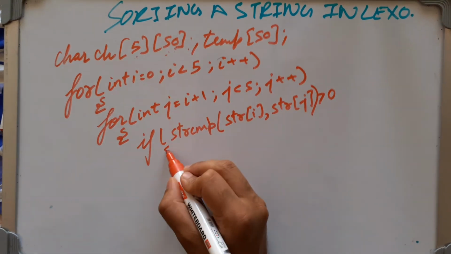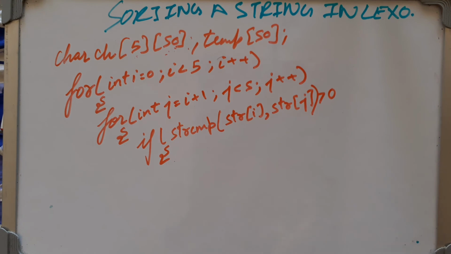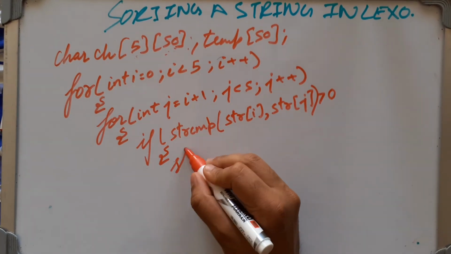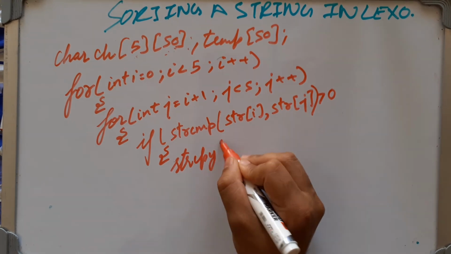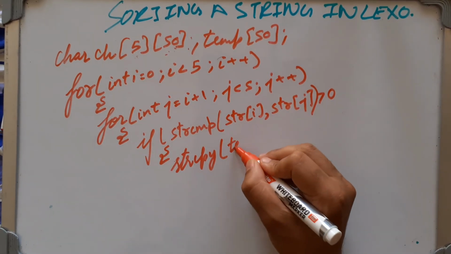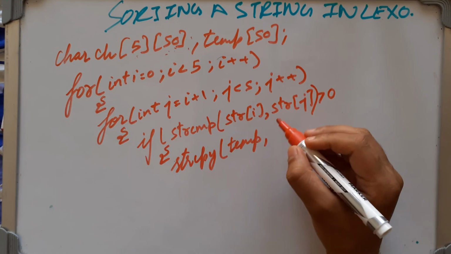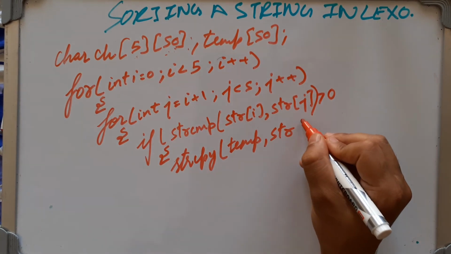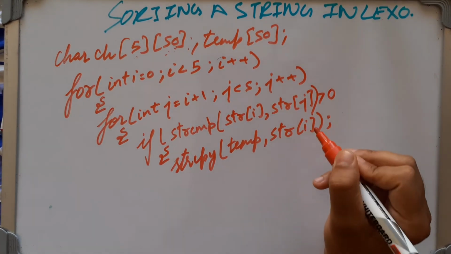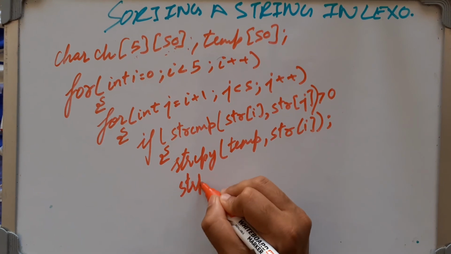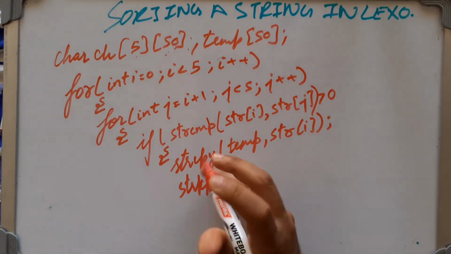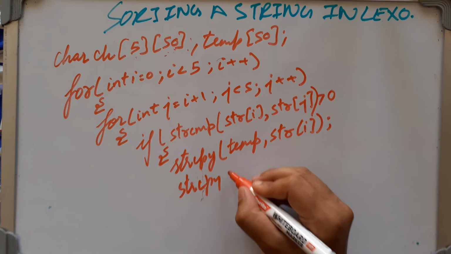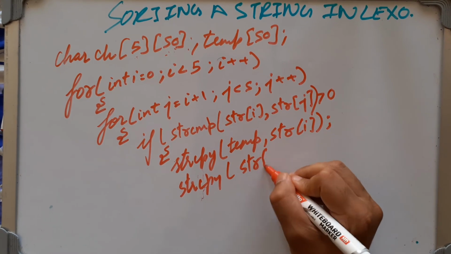If it is greater than 0, like str of I is greater than str of j, so what you have to do is copy the string; strcpy is used to copy. First you have to copy temp comma str of I, because str of I is greater, and then strcpy, you have to do the same as the swapping one.